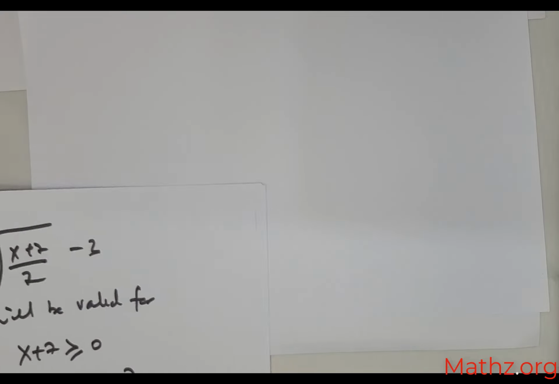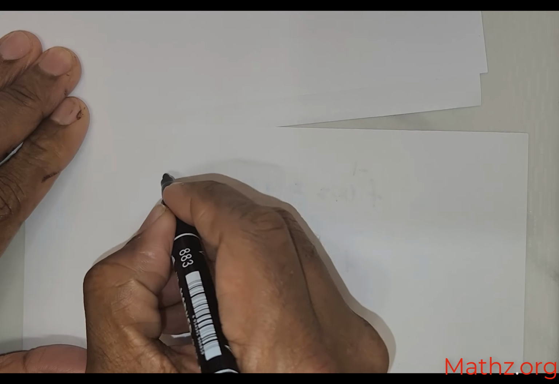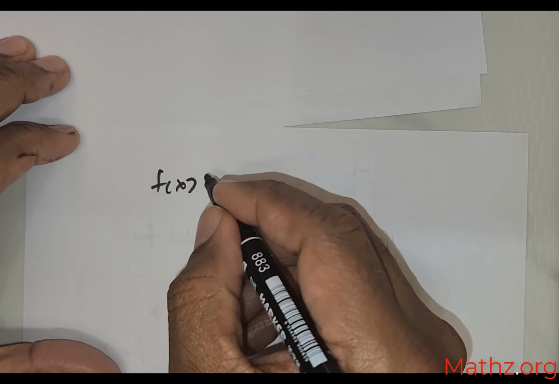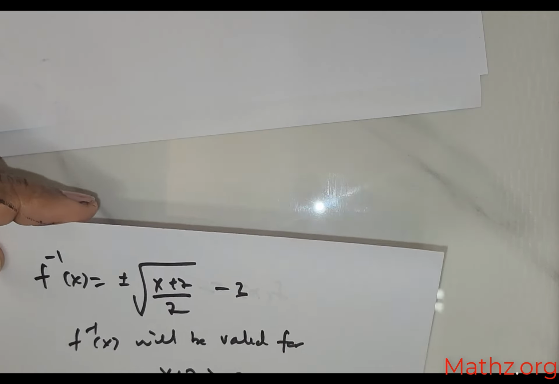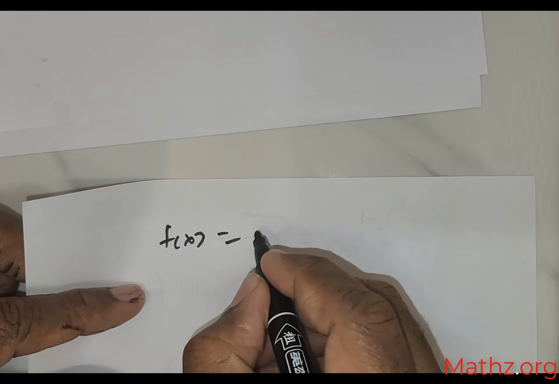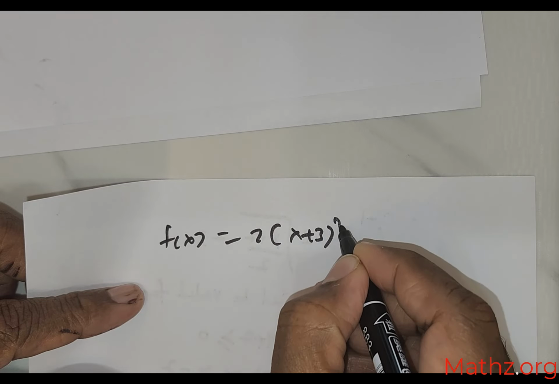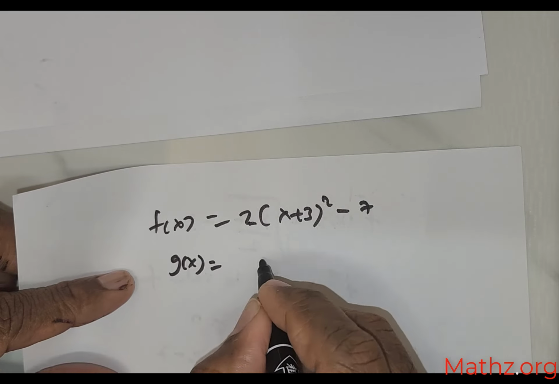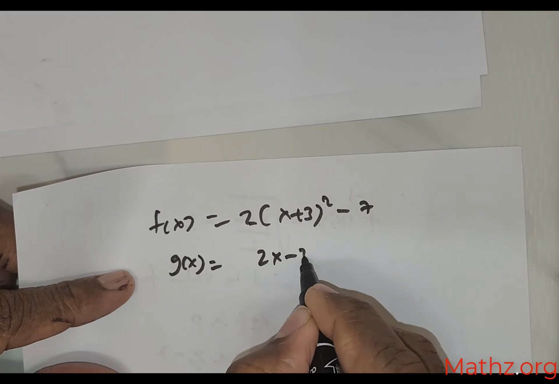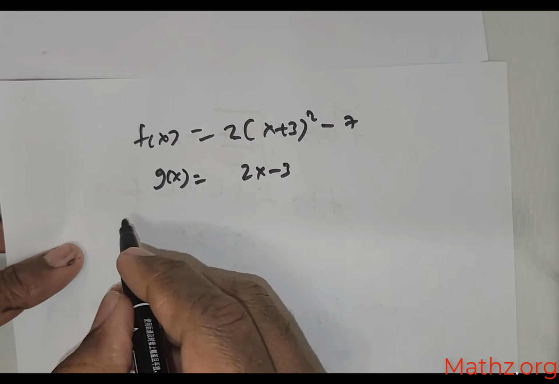So let me move on to the new page. Let me write what we have got. So already we have f of x, which is 2 times x plus 3 the whole squared minus 7, and g of x is 2x minus 3.